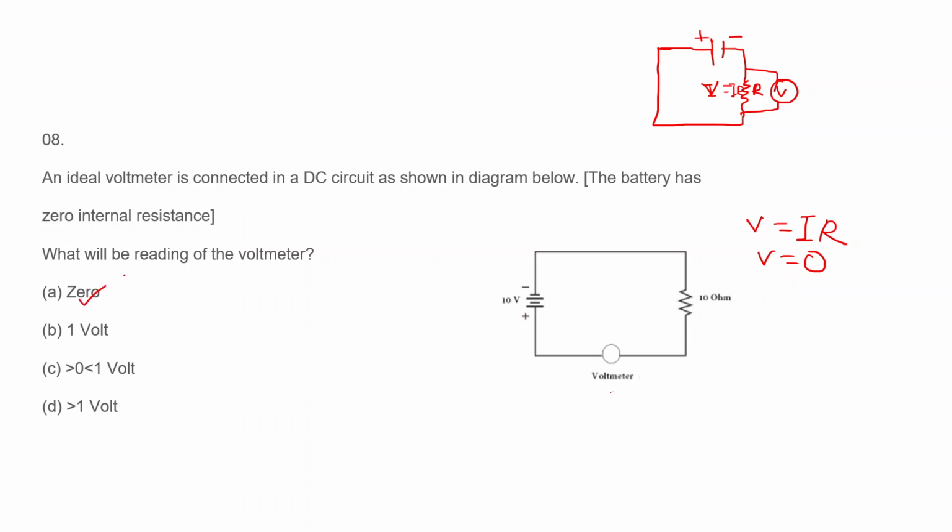The answer will be zero. We are not supposed to actually use voltmeter like this, but for this particular question, if it's connected like this, then there will not be any current flow, and the voltmeter will show zero reading.